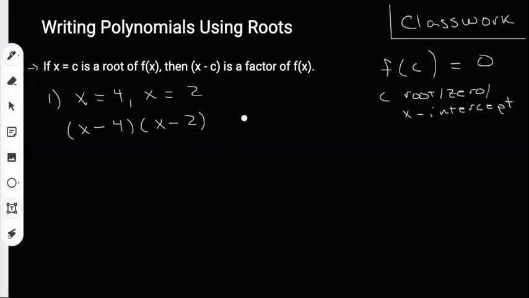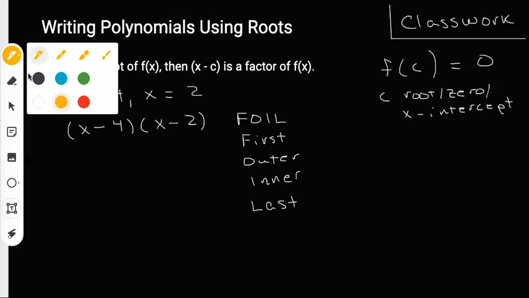Now we can use the FOIL method to multiply these two factors together. FOIL stands for first, the O stands for outer, the I stands for inner, and the L stands for last.